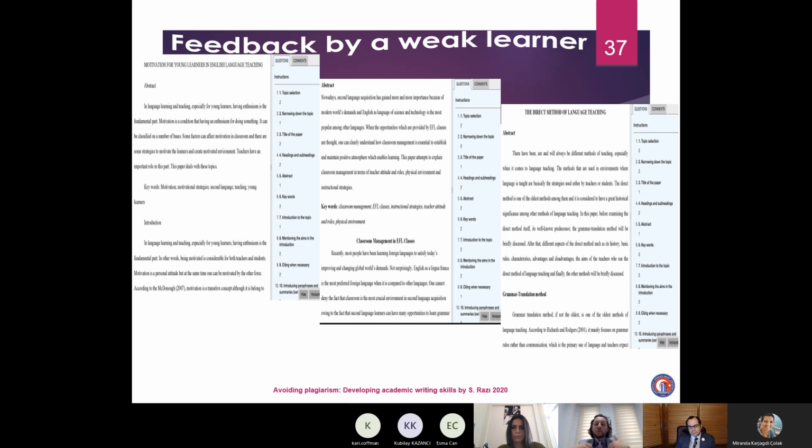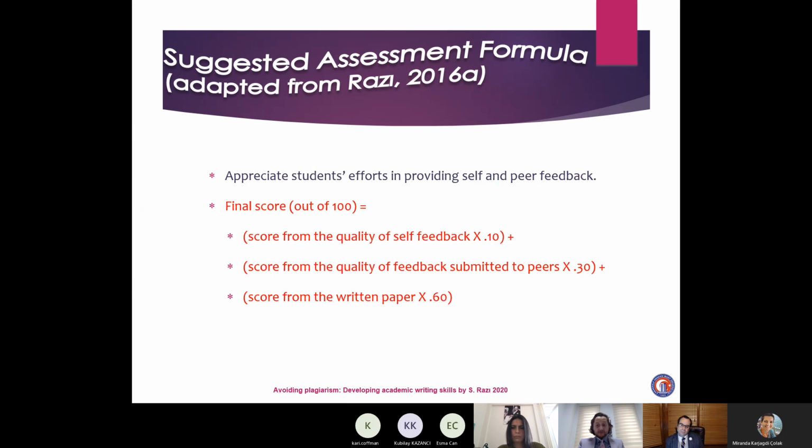That's what I claim about the incompetencies of weak learners providing feedback to the good ones. Therefore, we need an asymmetrical distribution of feedback. Otherwise, it is impossible to provide symmetrical feedback distribution in the classes.